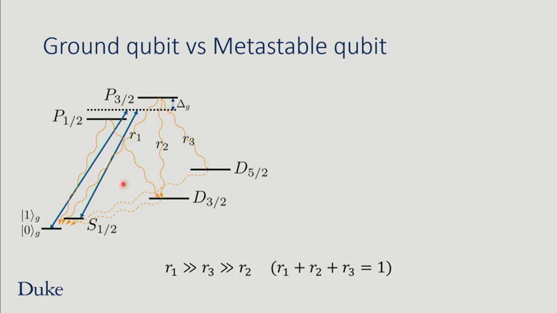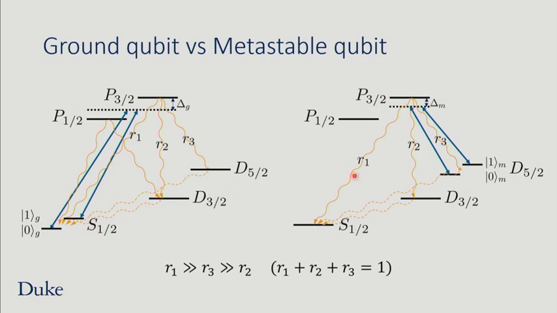And we can define these branching fractions, R1, R2, R3, the proportion of the decay rate to S half, D3 half, and D5 half. And usually, for all cases, R1 is the largest. So decay goes to the manifold where the qubit belongs. And that's quite challenging to detect.